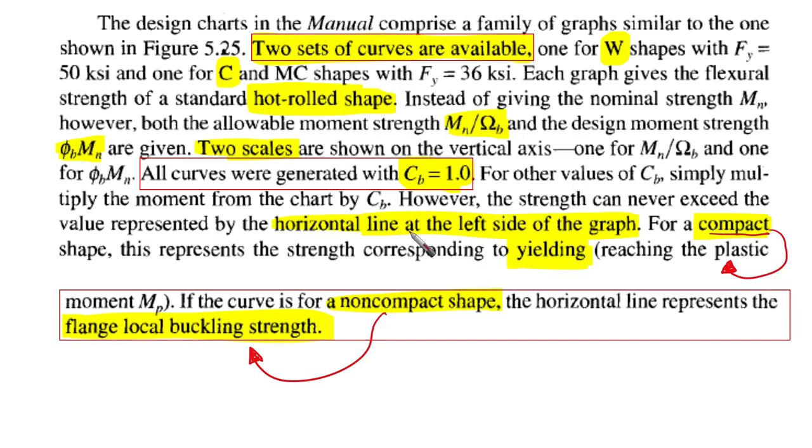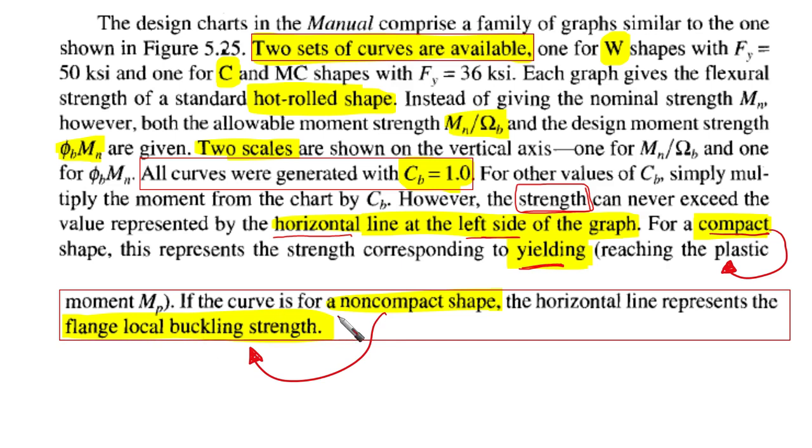But keep it in your mind, take care, we are talking about strength: it can never exceed the value presented by the horizontal line at the left side of the graph. For a compact shape, this represents the strength corresponding to yielding, which is reaching the plastic moment.